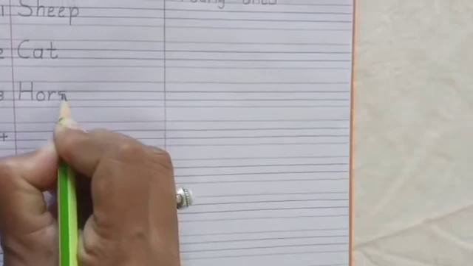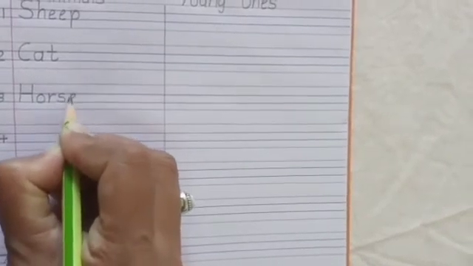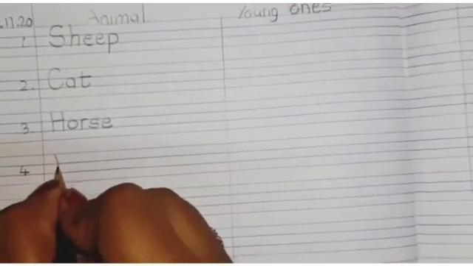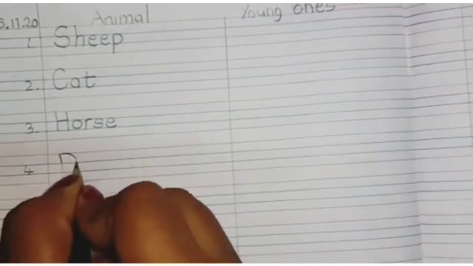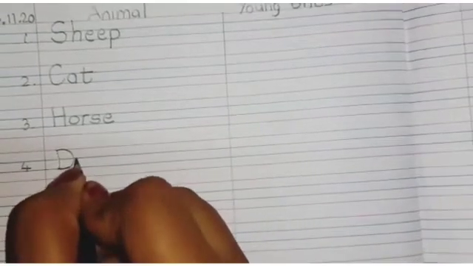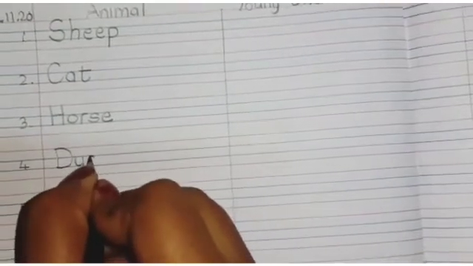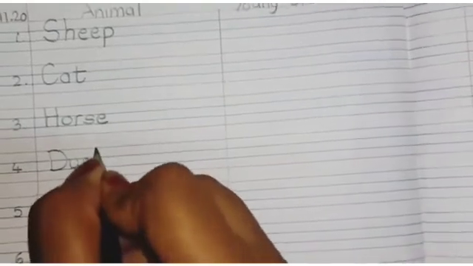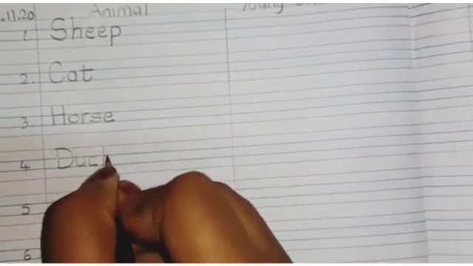Next, horse, H capital. Small o, R, S, E, horse. Next, D capital. Small u, C, K, duck.